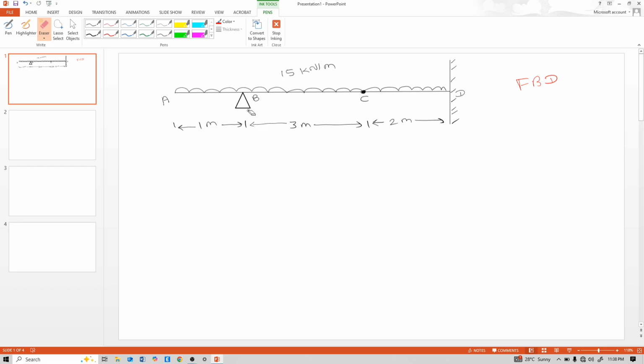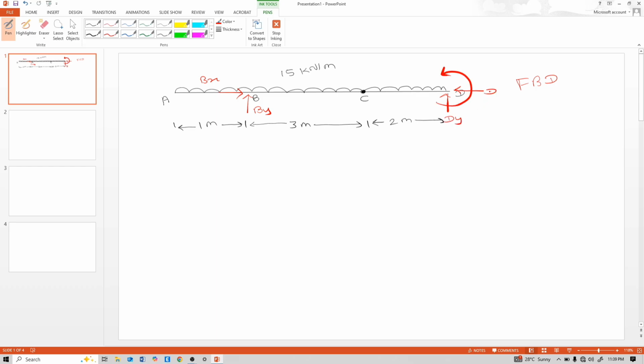This is hinge, that means two reactions here, one vertical and one horizontal. Vertical is By and horizontal is Bx. Remove this fixed support also. Here three reactions come: one vertical, one horizontal, and one moment.